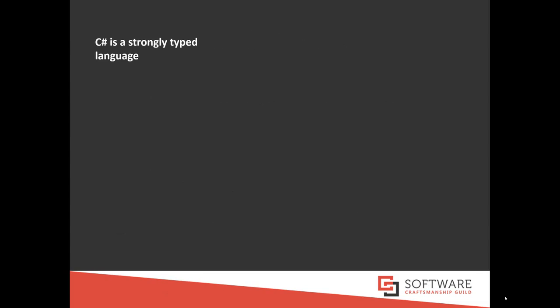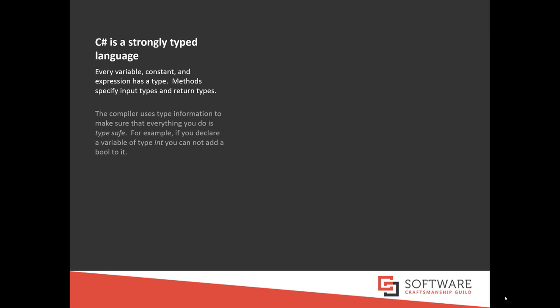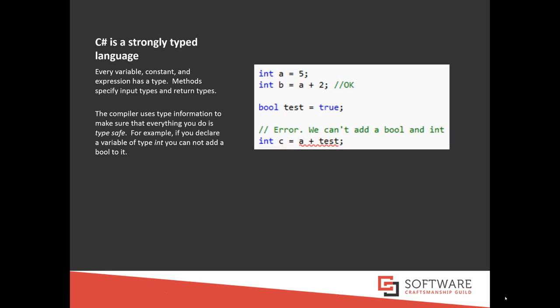C# is a strongly typed language. And what that means is that every variable, constant, and expression must have a type. Methods will specify input types and return types. The compiler uses this type information to make sure that everything you do is type safe. So for example, once I declare that a variable is a type of integer, you cannot add a boolean to it.